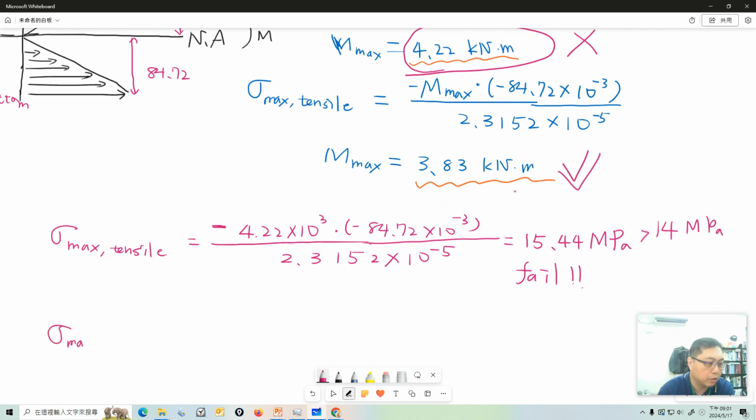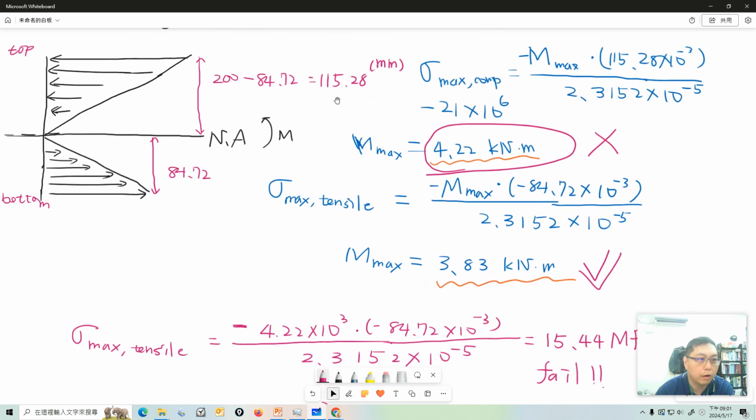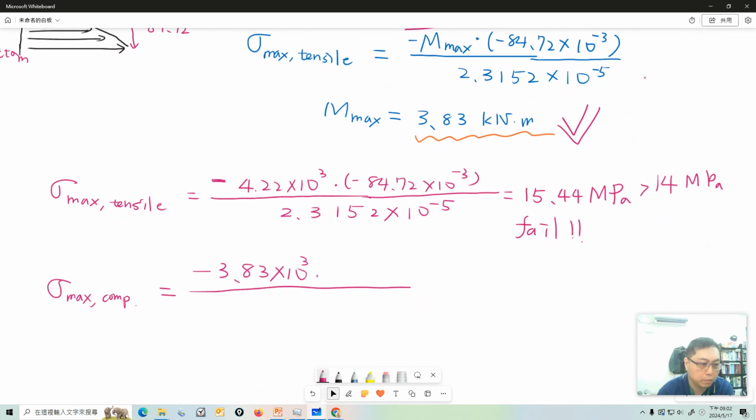So for the maximum compression, we use minus 3.83 kilonewton, and the maximum compression for this problem is at the top surface, so it's 115.28 times 10 to the power minus 3, and the I is the same, 2.3152 times 10 to the power minus 5.